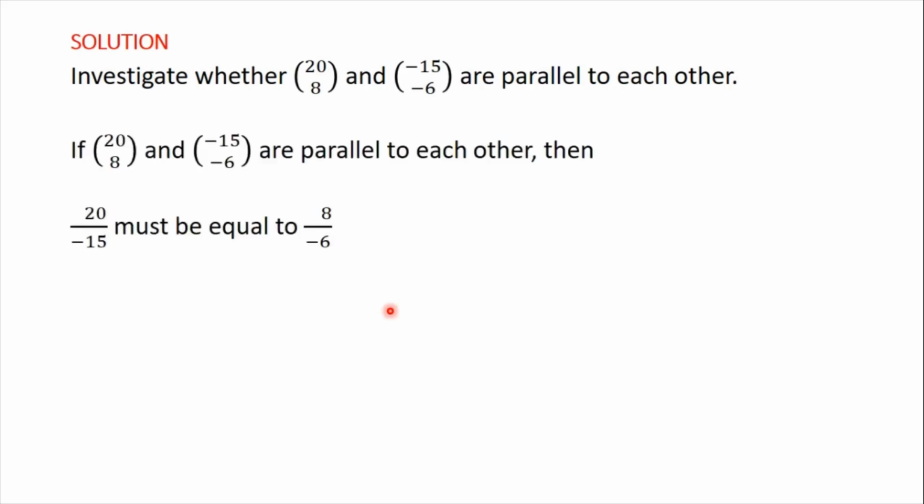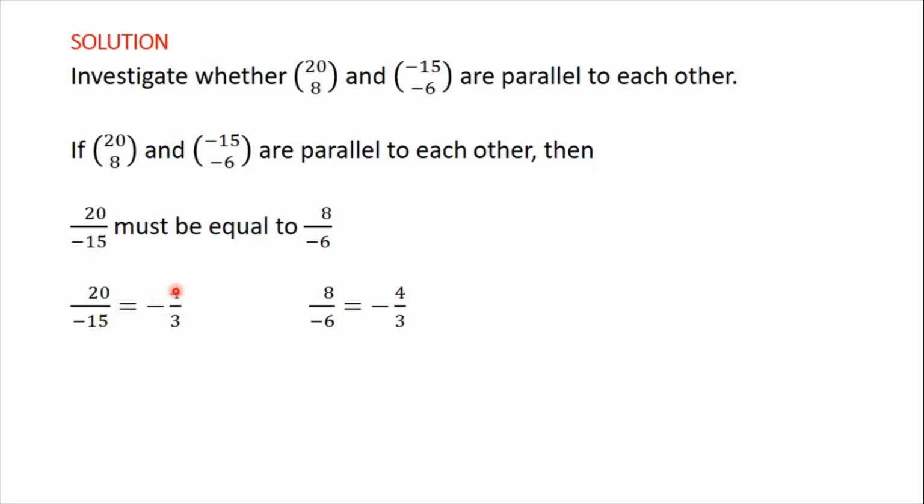As we said, if (20, 8) and (-15, -6) are parallel to each other, then 20 divided by negative 15 must be equal to 8 divided by negative 6. If they are parallel, then these two fractions must be the same. The x component here divided by the x component here should be the same as dividing the y component by the y component. So let's first find 20 divided by minus 15.